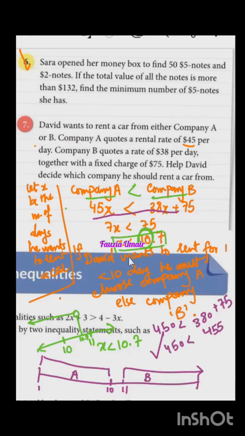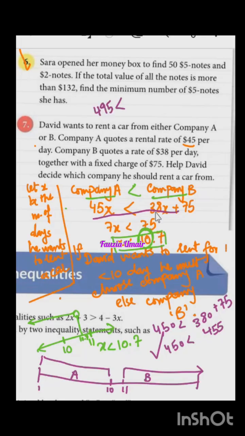But as soon as I put x as 11, if you are having a calculator, can you tell me, Kinza, if we put x as 11, what will 45 into 11 be? 495.